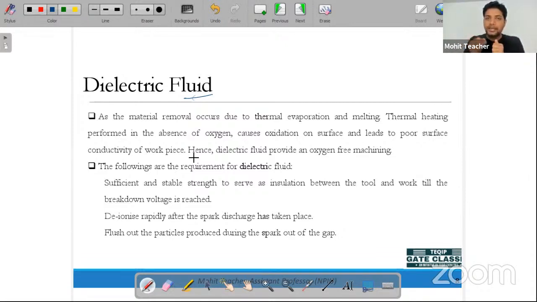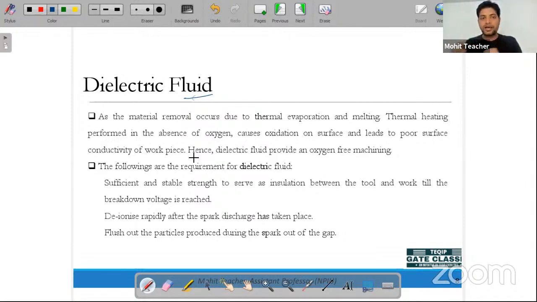Similarly here we use dielectric fluids. If we do not use the dielectric fluid, the spark will no doubt be generated, but it will not be uniform or predictable, as already mentioned in the literature part. We need uniformity and predictability, and also we do not want oxide to form, which is why we use a dielectric medium in which everything happens.